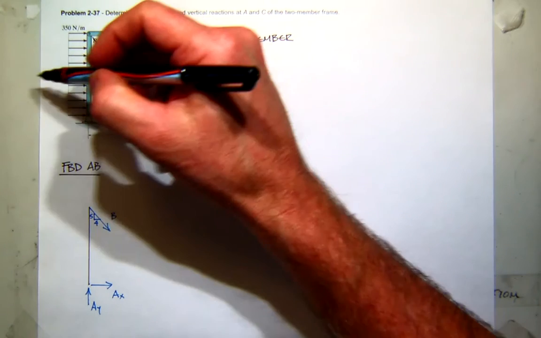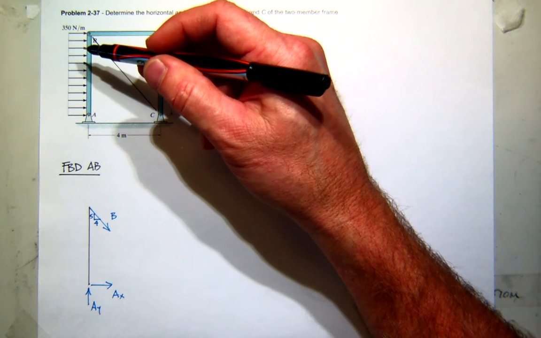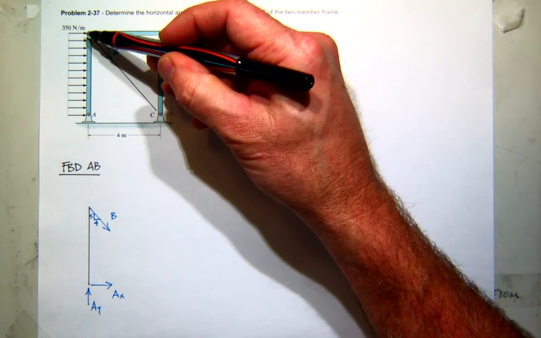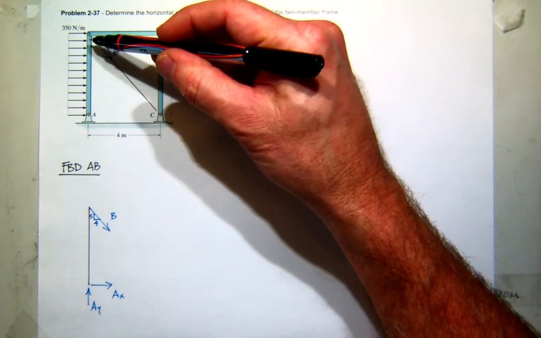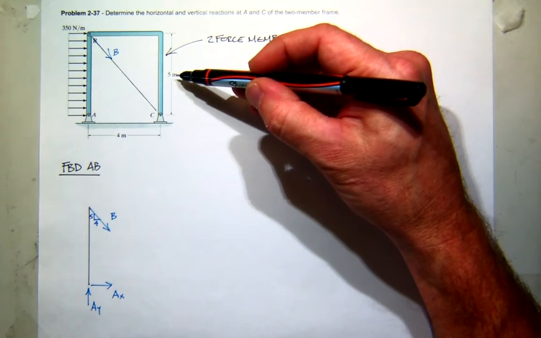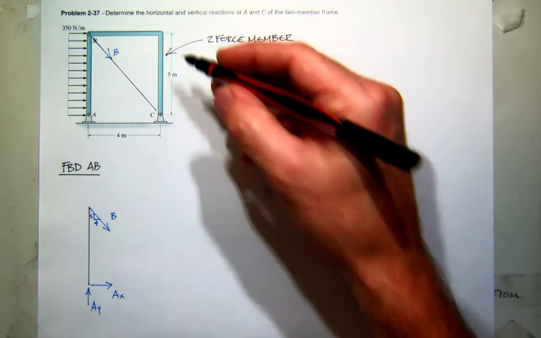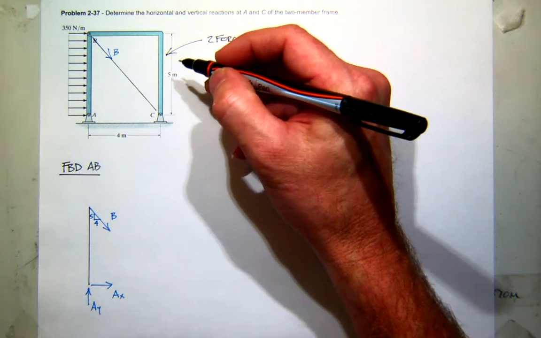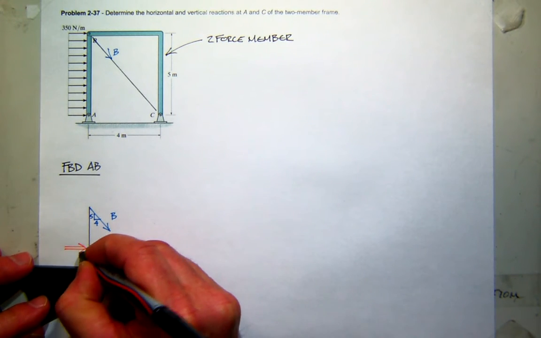On top of that, I have a distributed load. Now, how do we handle distributed loads? We like to use a concentrated equivalent. So this is a rectangular load. So we know the area of a rectangle is the base times the height. The base in this case is 5 meters. The height is 350. So what is that, 1750? So that'll happen here, and I'll indicate that's an equivalent load.